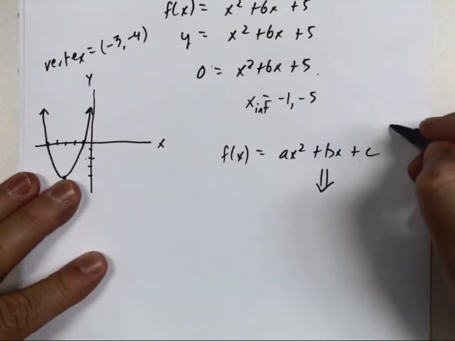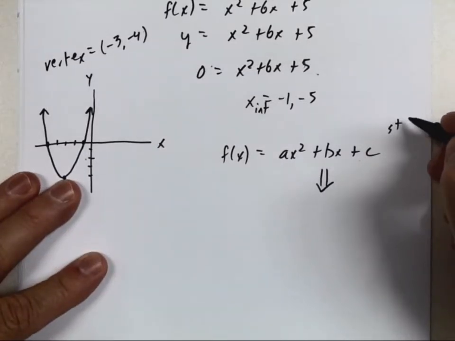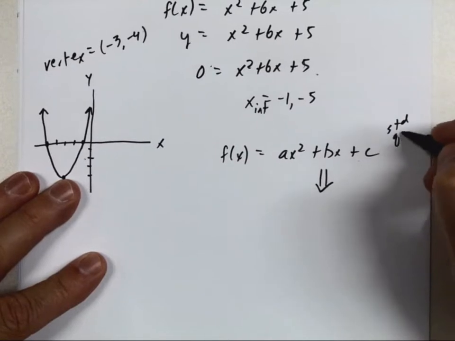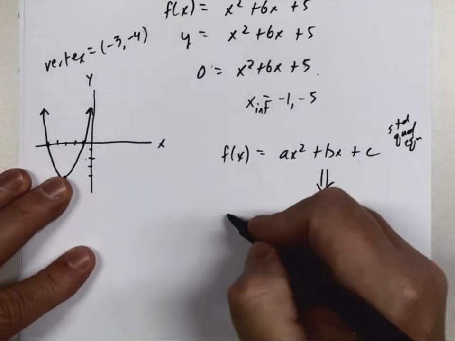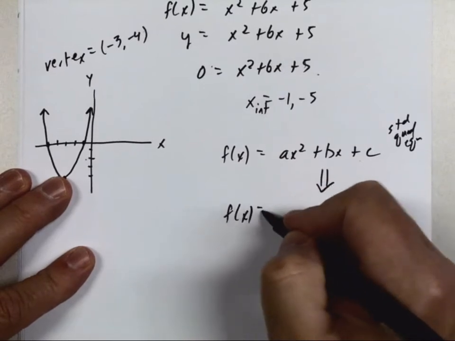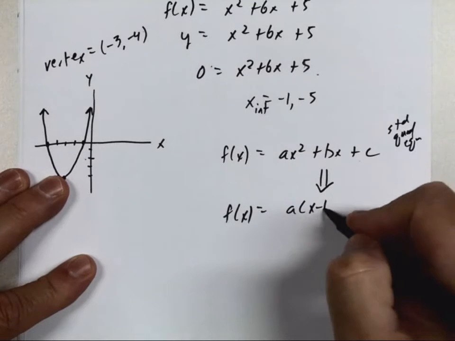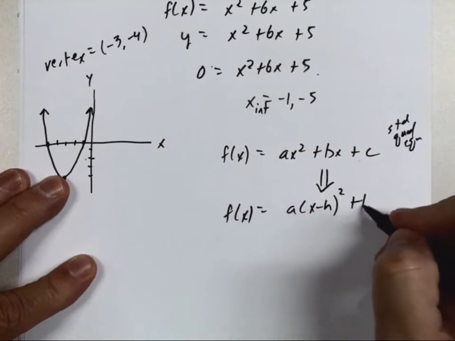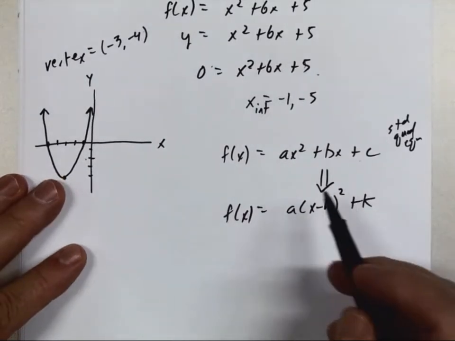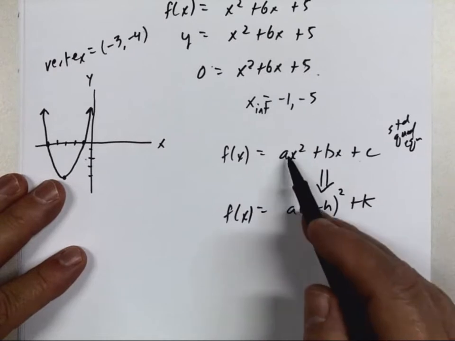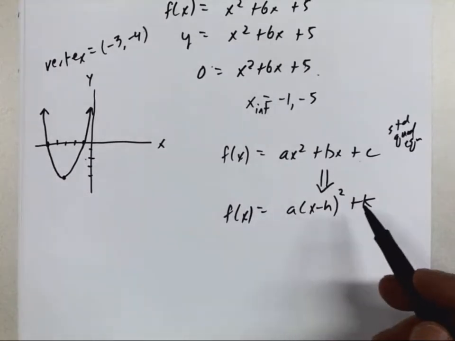I don't know if the book does it, but I call this the standard quadratic equation. Now this new one, where they just shuffle things around, still has the a here, and the a means the same thing.